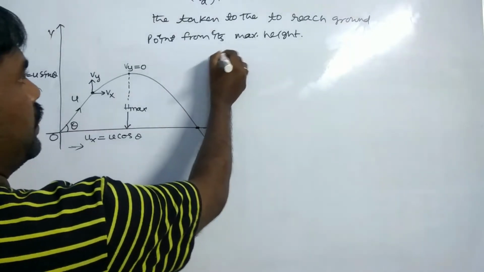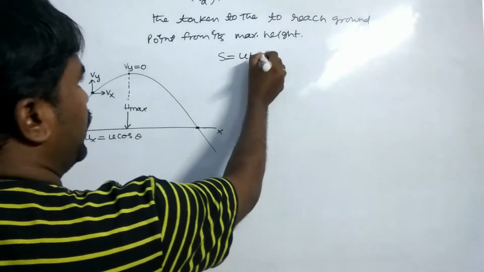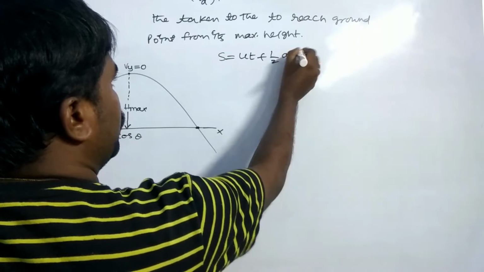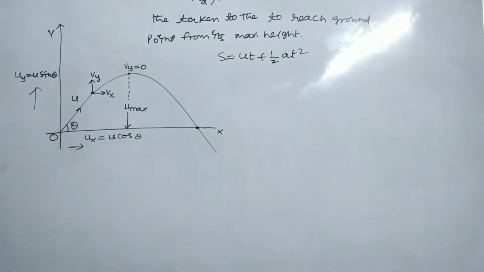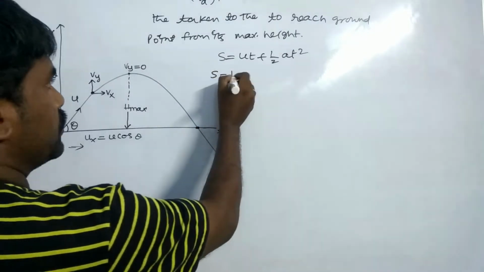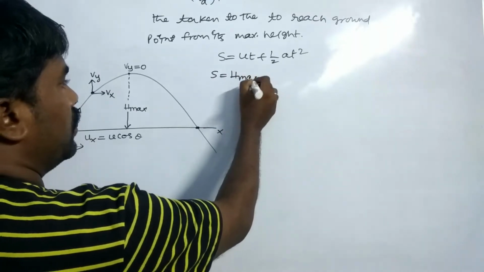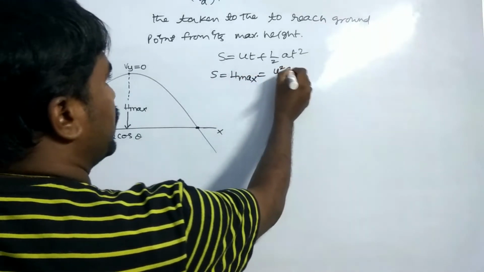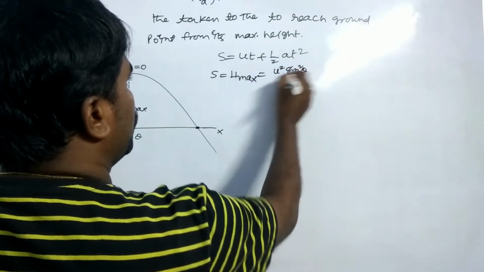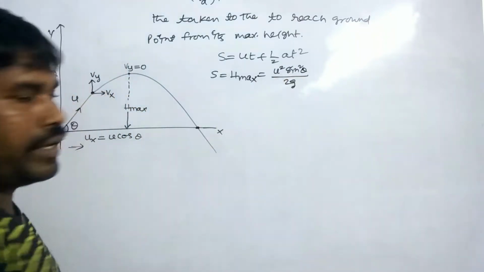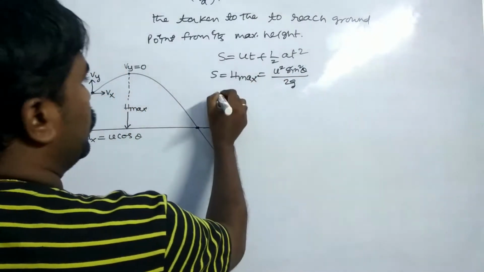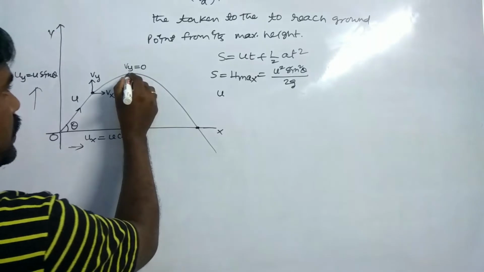So from S is equal to ut plus half at square, where S is nothing but the maximum height point h maximum, already derived as u square sin square theta by 2g. And u is equal to the initial velocity at this point.